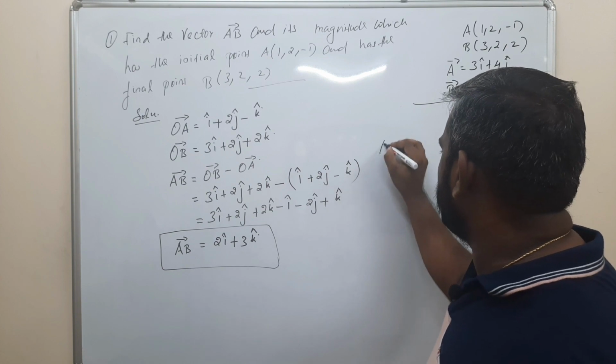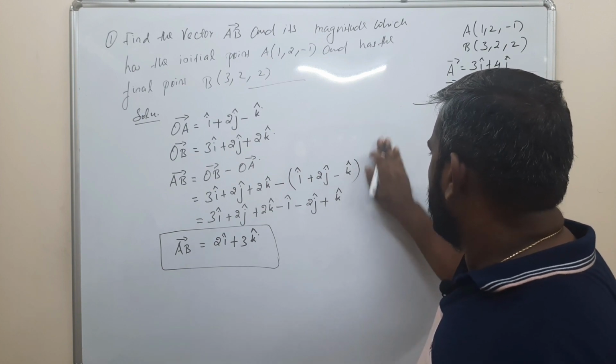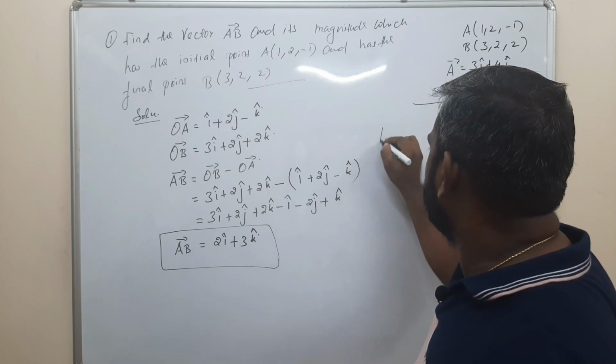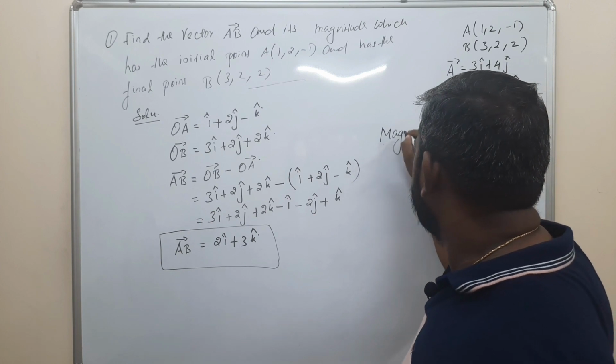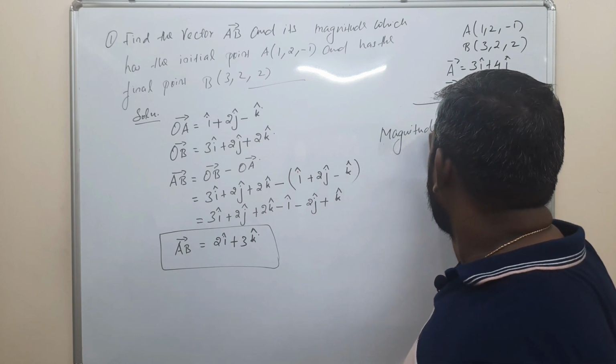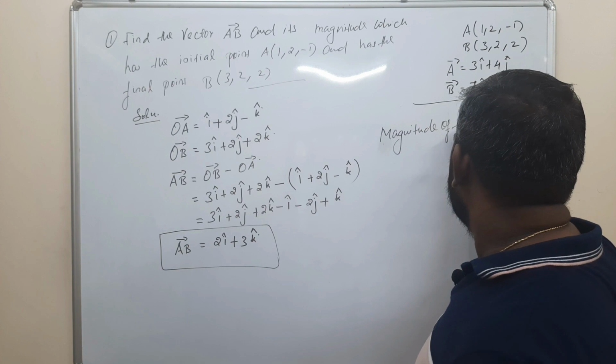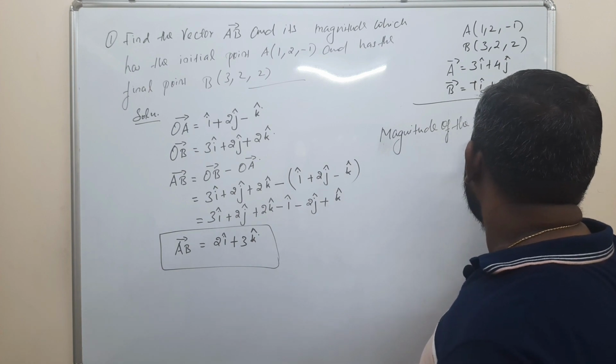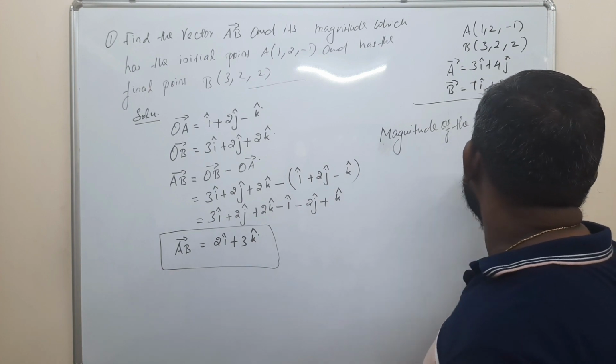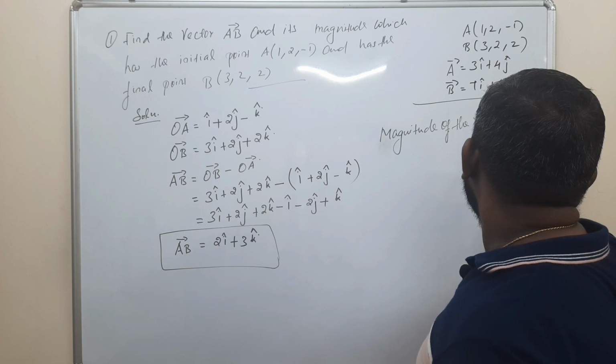So magnitude of this vector means magnitude of the vector AB.